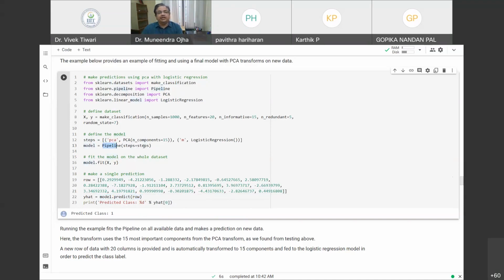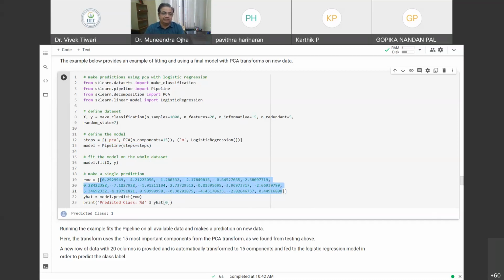So the prediction should also be performed on the model which has been created using the pipeline. This pipeline still exists at the time of prediction also. So when you perform this predict and pass this row of original test data, first it goes through PCA. The data is projected onto the new principal component directions, and then out of those 20, only 15 are taken, and those 15 are tested upon.